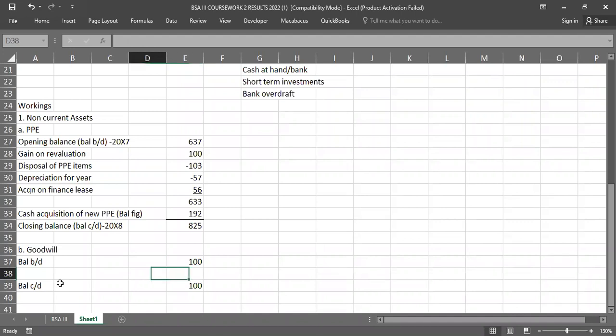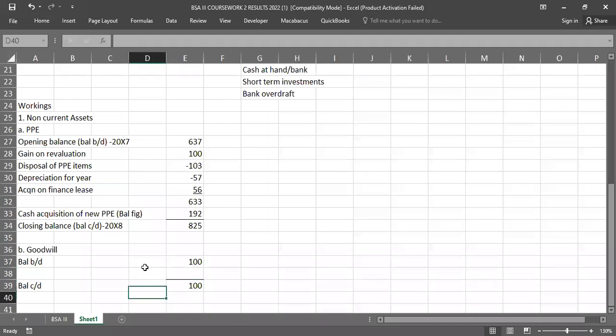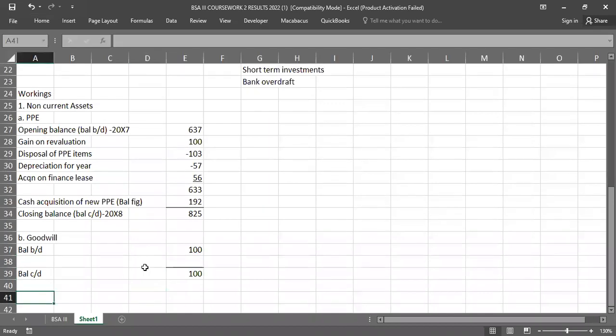So there's nothing like a movement or a cash movement. That's how we end up having goodwill as not a working, because there's nothing to really prove. So you got the next item, C, which I think is investment.